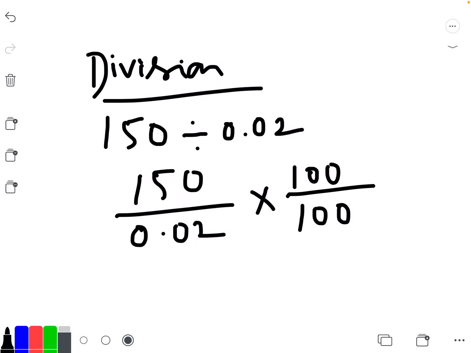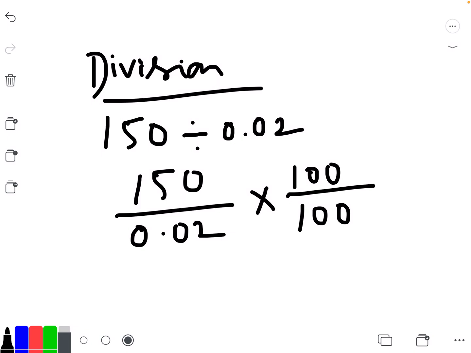So, in order to see that the fraction doesn't change, we need to multiply both numerator and denominator with the same number. So, here in this case we are done by multiplying numerator and denominator with 100.